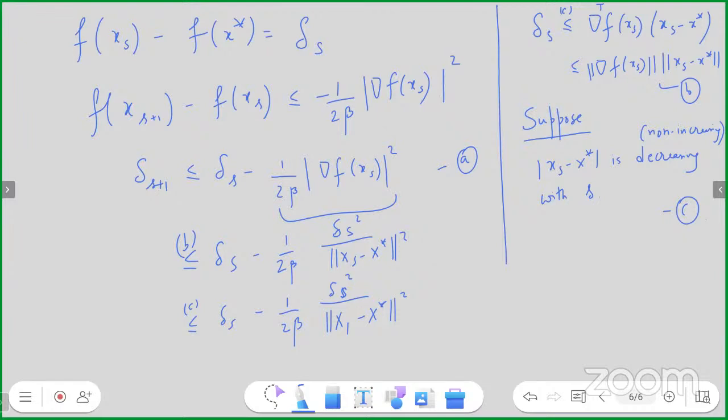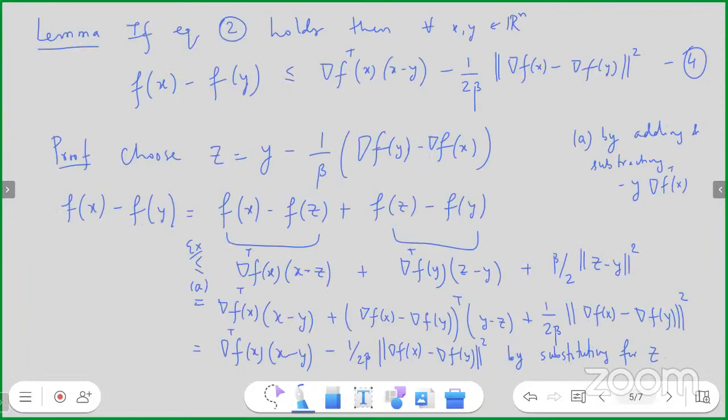Oh, so let's try to prove C. Now we'll apply our equation number 4 or 5. What was that?